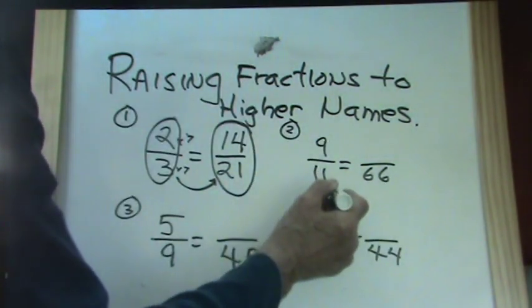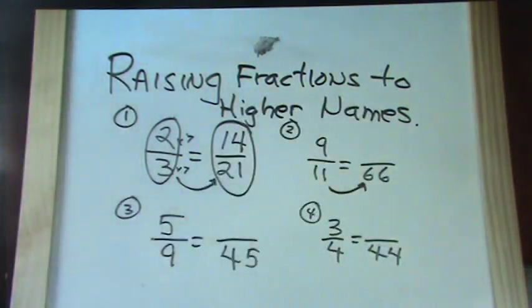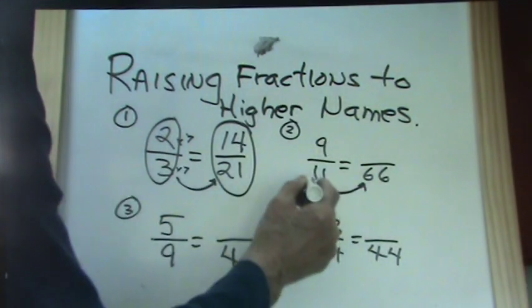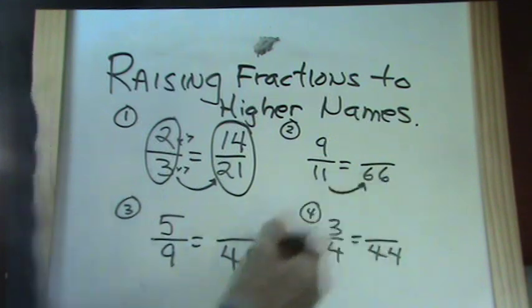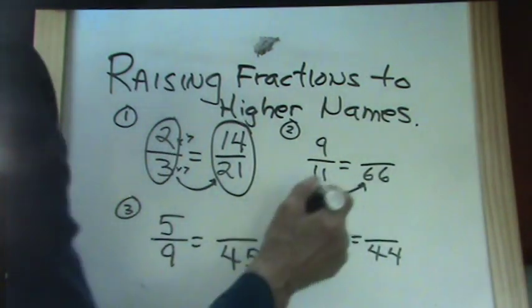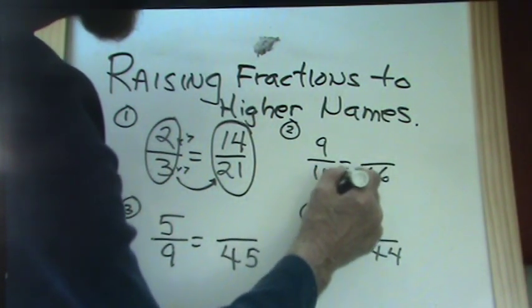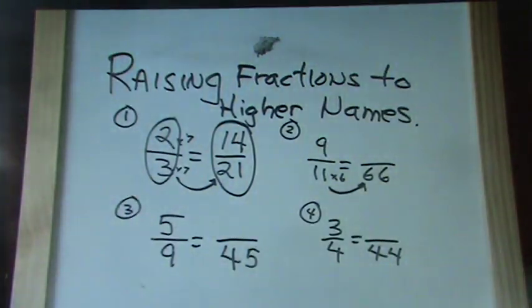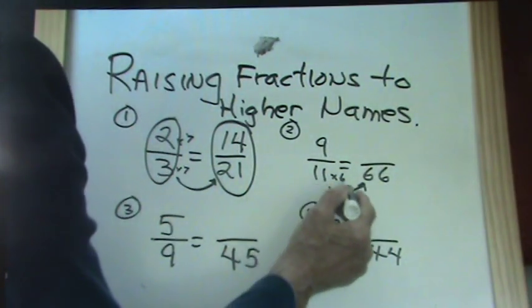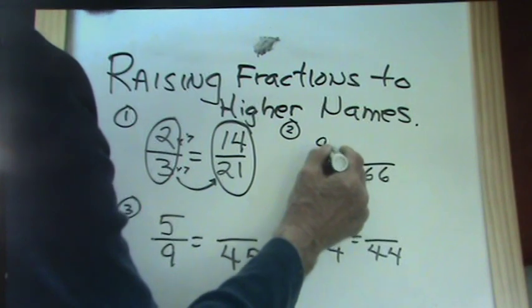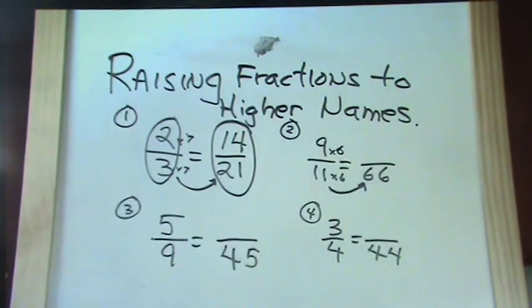9/11 equals how many 66ths? Well, 11 times what number will give me 66? Well, 11 times 6 will give me 66. So if I multiply this times 6 to get 66, then I have to multiply this by 6.